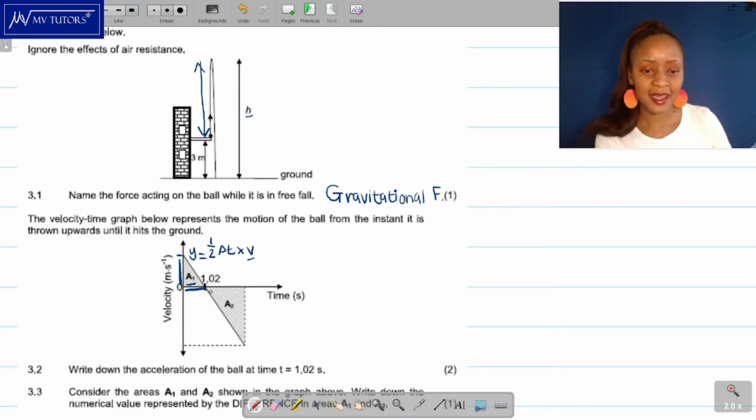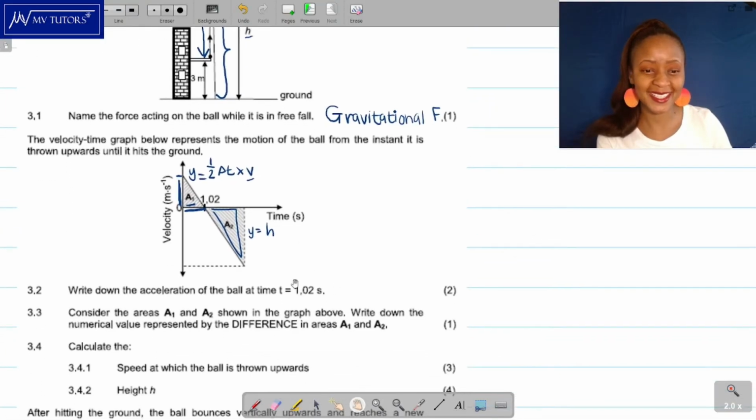And then this area over here gives you the whole displacement. You can see it's much bigger than the first one, so that would be delta h actually. So y here, that is h, not delta h, just h. So what are they saying now?